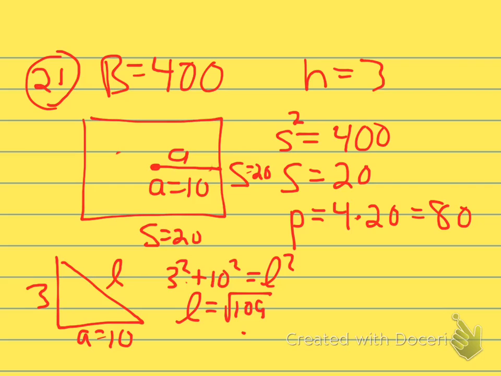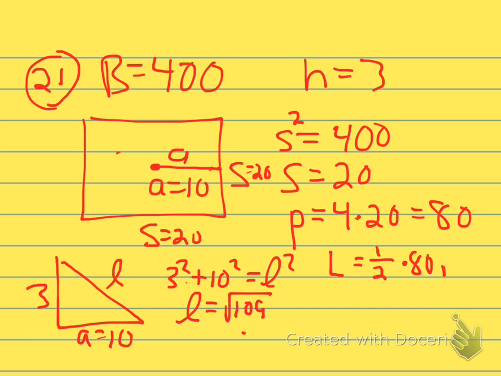Okay, we are ready to get the area of the base. Well, I guess we have the area of the base already. We're ready to get the lateral area. The lateral area is 1/2 the perimeter of the base, 80, multiplied by the slant height, 1/2 PL.